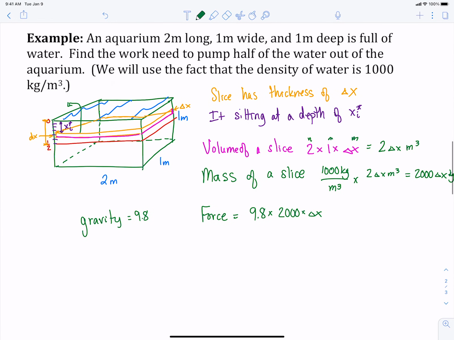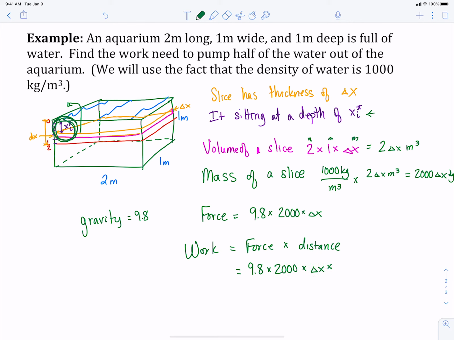So then we'll go back down here. Work is equal to force times distance. The distance that we're lifting each of our slices, look back up at the picture because I'm circling, it's x sub i star. That's our depth. That's how far we have to lift it. So we're going to get 9.8 times 2,000 times delta x times x sub i star.